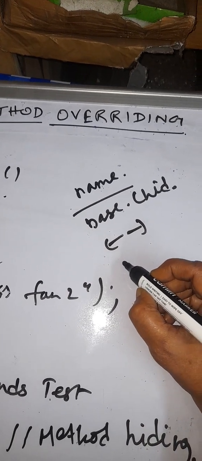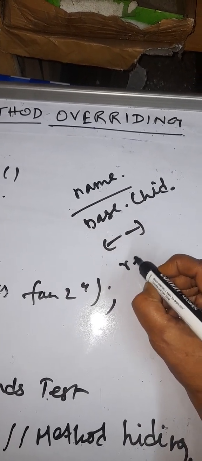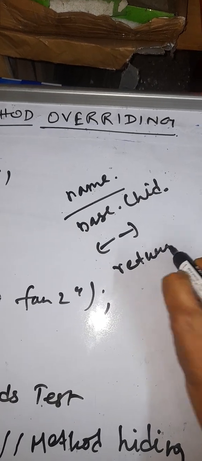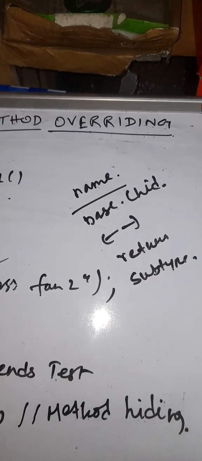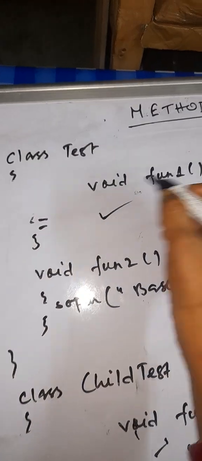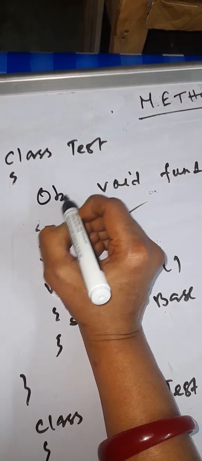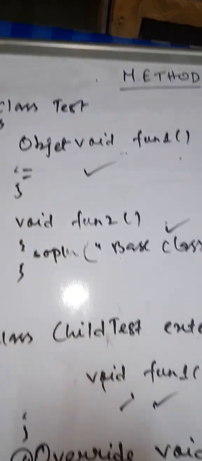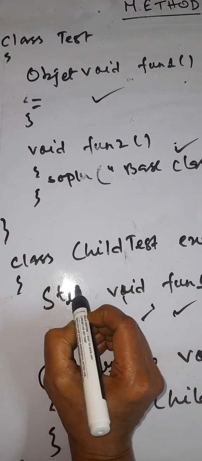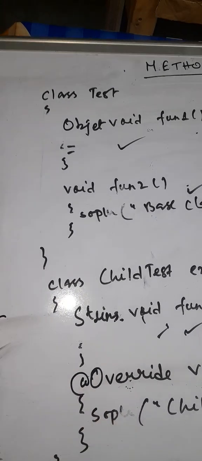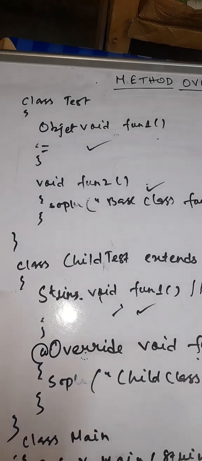And the return type, if you want to change it, you can, but it should be a subtype. What is this subtype? If the return type of this method is Object, then when you override it in the child class, you can change it to String. This is possible.